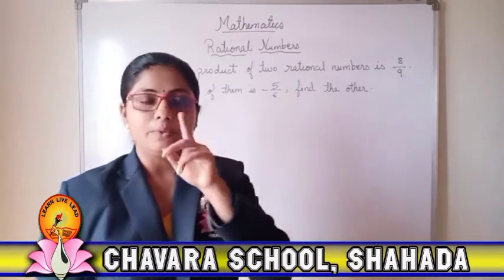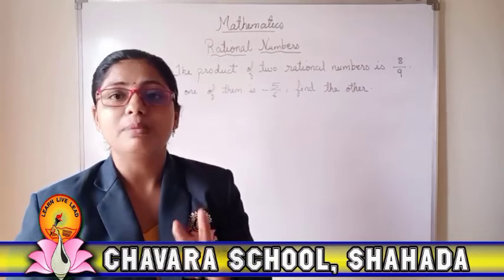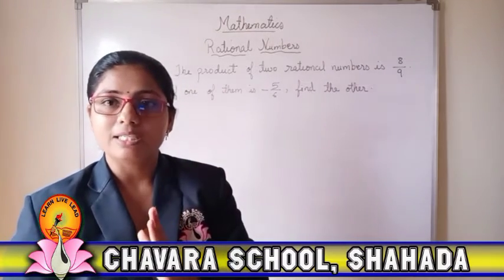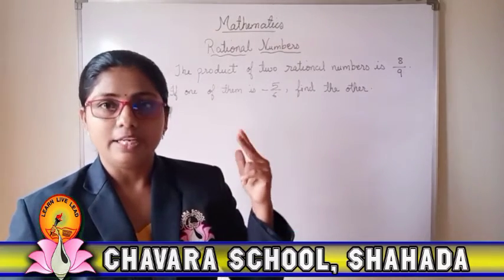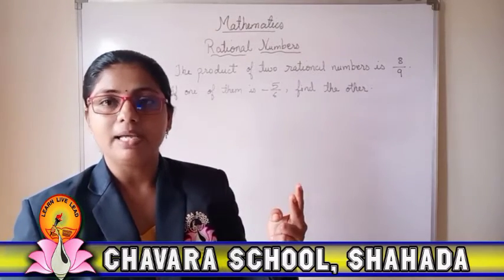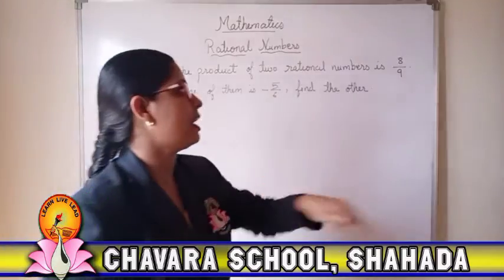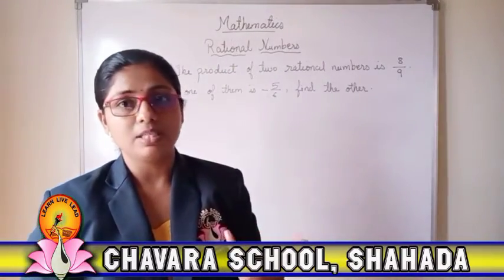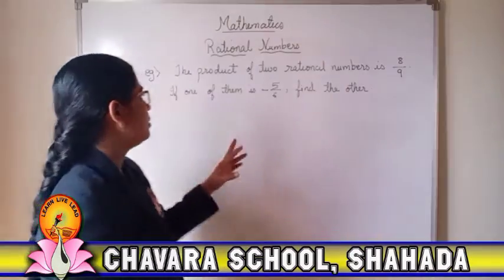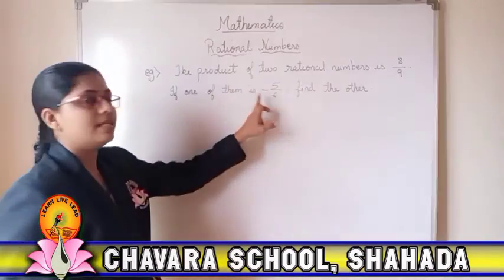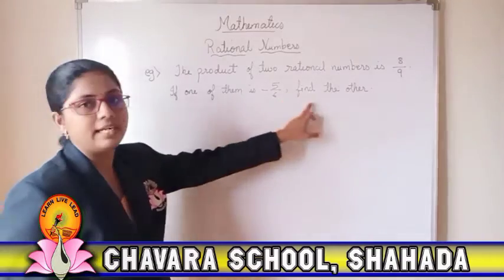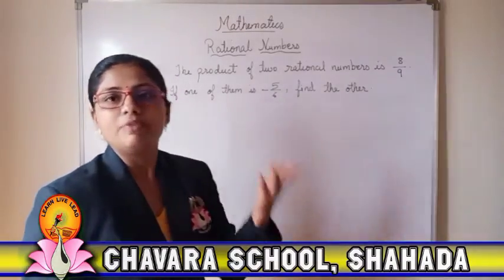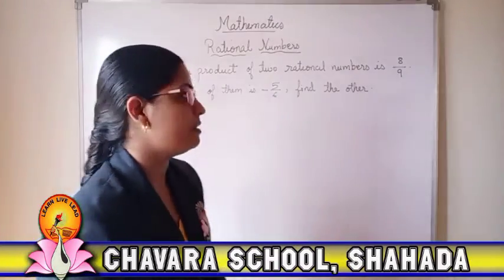So what will those two numbers be? One of them is given to you. If one of them is negative 5 upon 6, find the other. So if one of them is given, then we can find the other. So how will we find it?